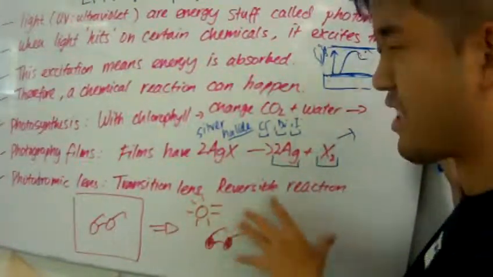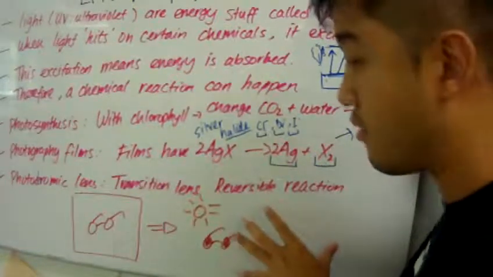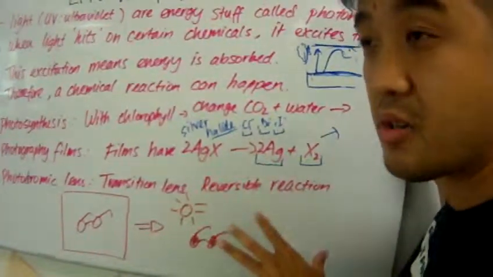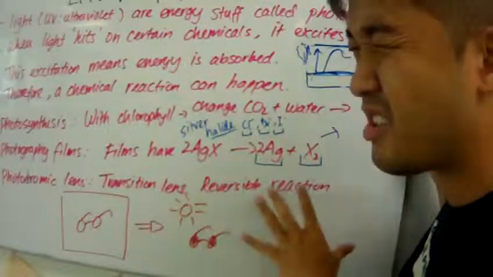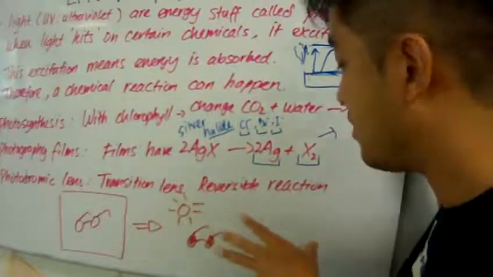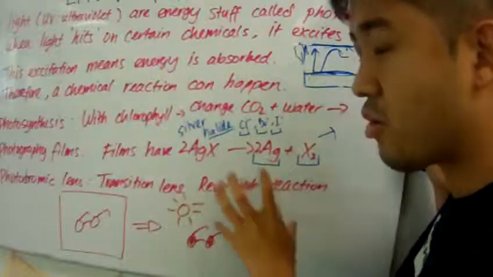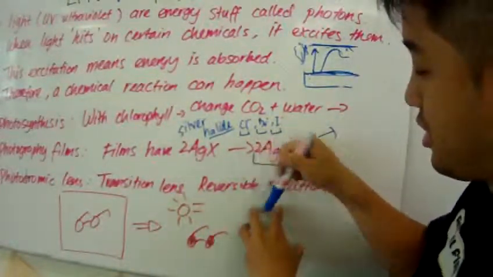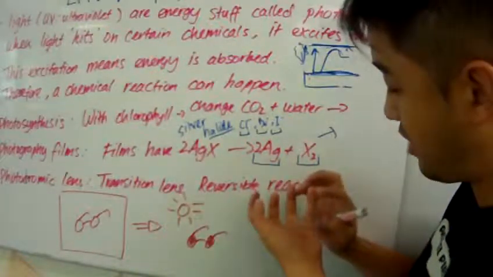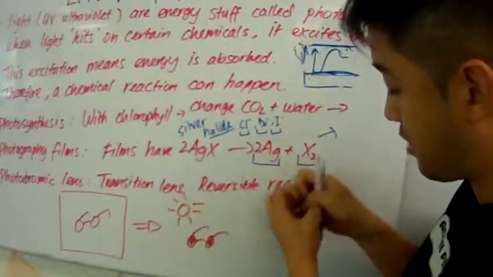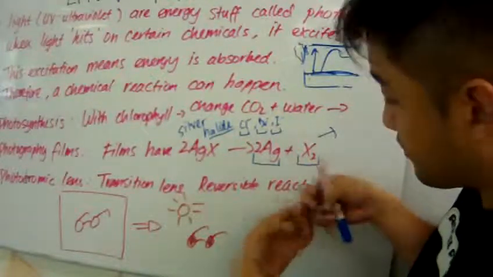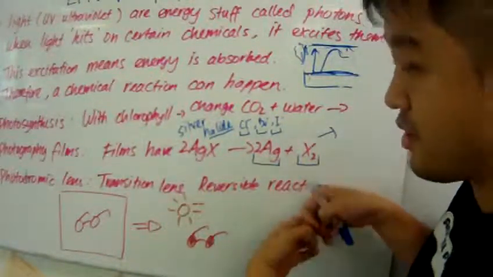The chemistry of photochromic lens reactions is pretty complicated, and there are a lot of proprietary things that are not easily accessible. But basically, it's organic molecules in one form, and when UV light hits them, they change shape.